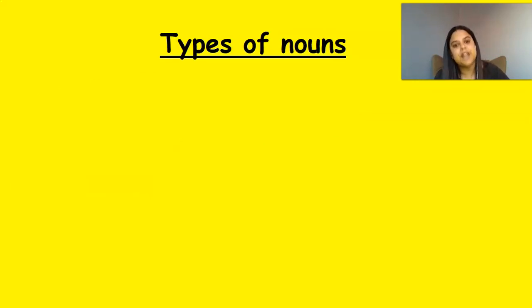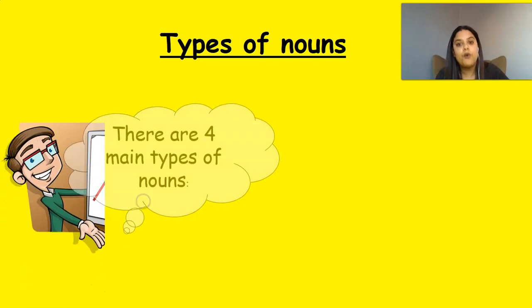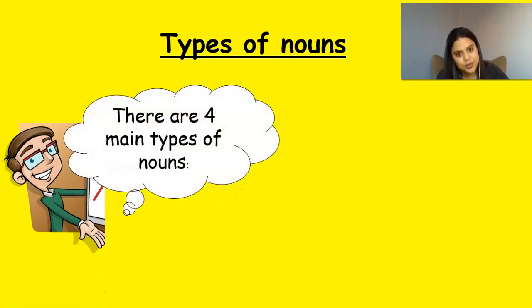We have different types of nouns. For this lesson, we are only going to be focusing on the 4 main types of nouns. So what are the 4 main types of nouns? Some of you might already know, but we are going to start right at the beginning.